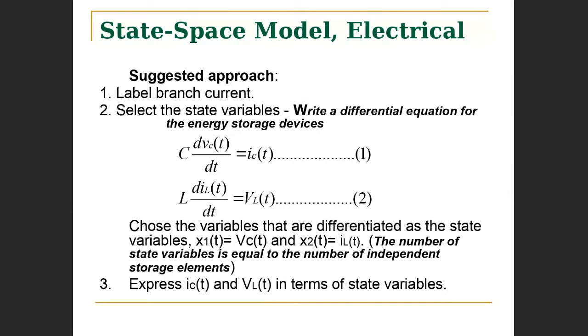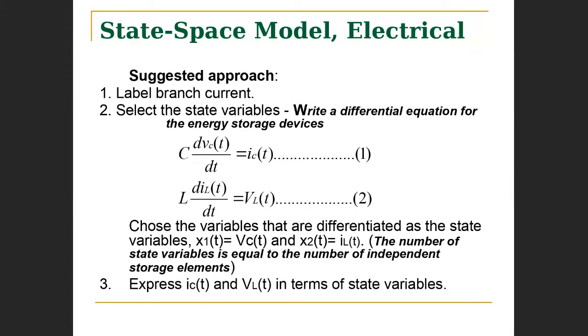The capacitor current is equal to the capacitance times the rate of change of the capacitor voltage, that is, the derivative of the capacitor voltage with time. And for the inductor, the voltage is equal to the inductance times the first derivative of the current through the inductor.